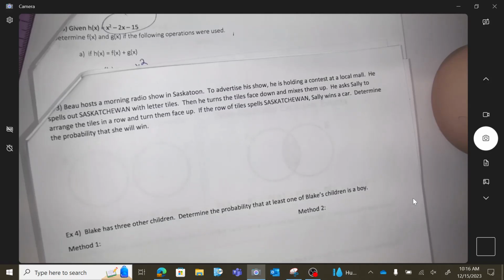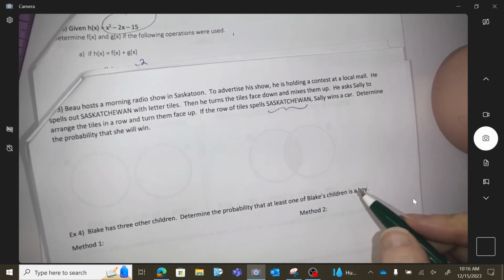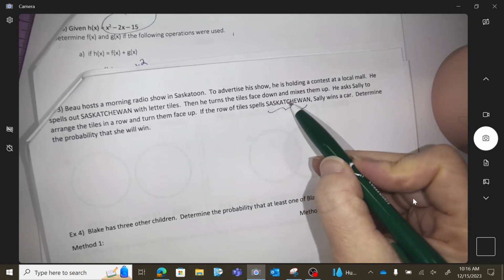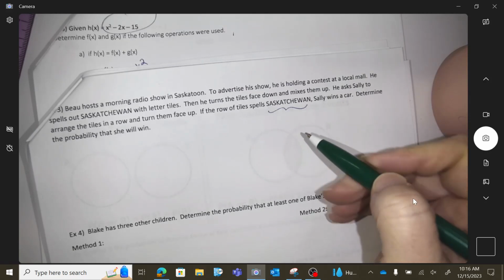Okay, so how many arrangements could there be in these letters? What do you do again? Arranging letters. You do how many letters there are? Does anybody else count 12? Okay.